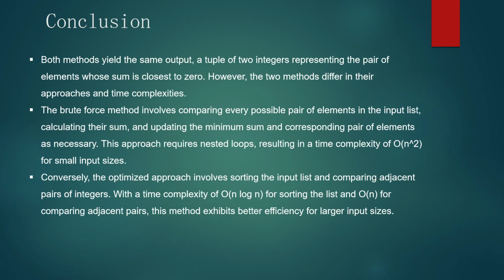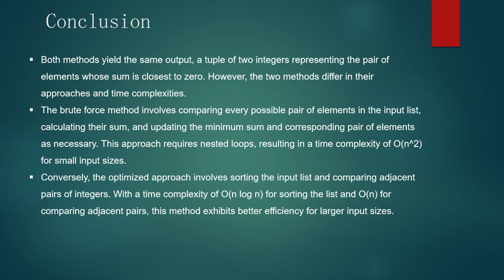Now the conclusion. Both methods yield the same output, a tuple of two integers representing the pair of elements whose sum is closest to 0. However, the two methods differ in their approaches and time complexity.